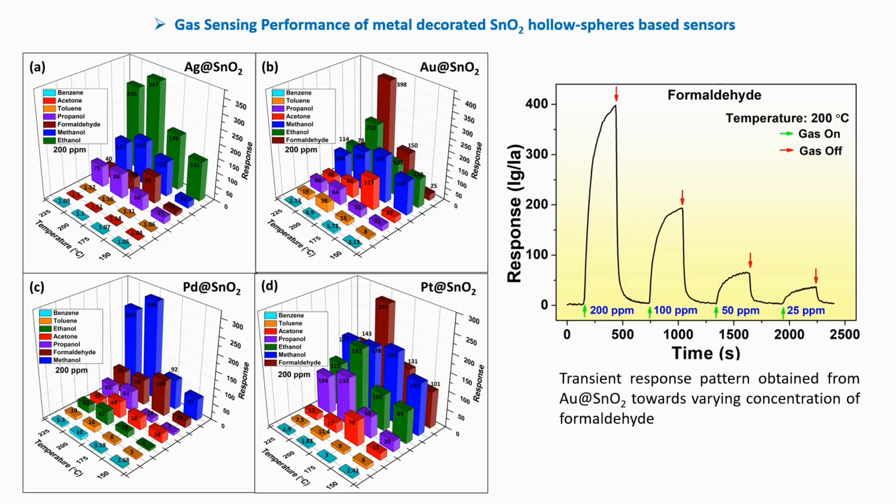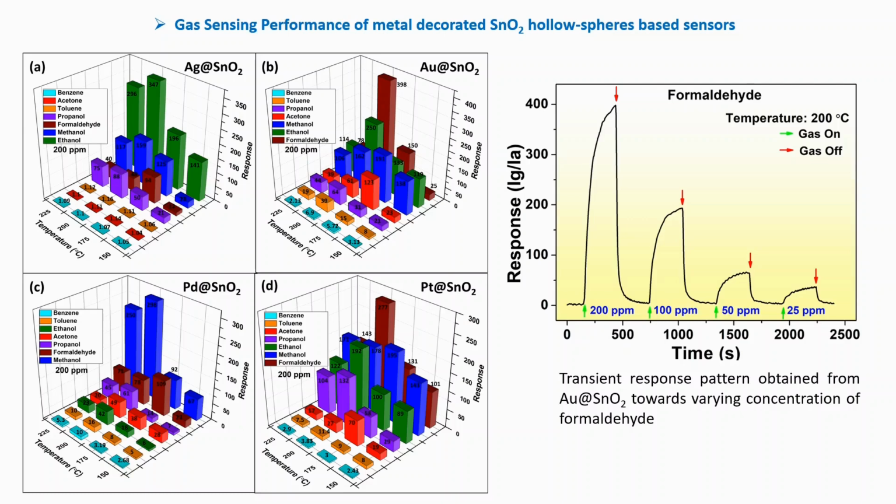On the right-hand side, the figure illustrates the transient response pattern that we have obtained for different concentrations. The y-axis represents the normalized response, where Ig is the current in presence of gas, and Ia is the current in presence of ambient air. So this is a baseline. As soon as we turn on the gas, there is an instantaneous increase in the response.